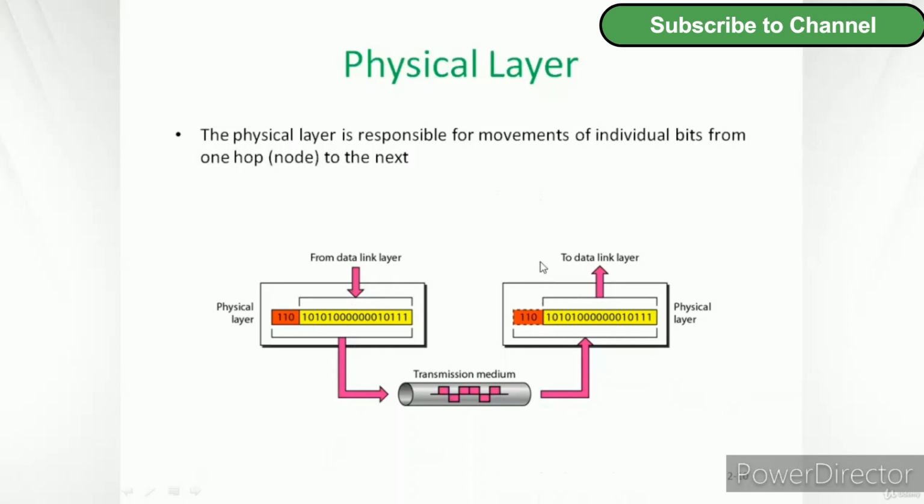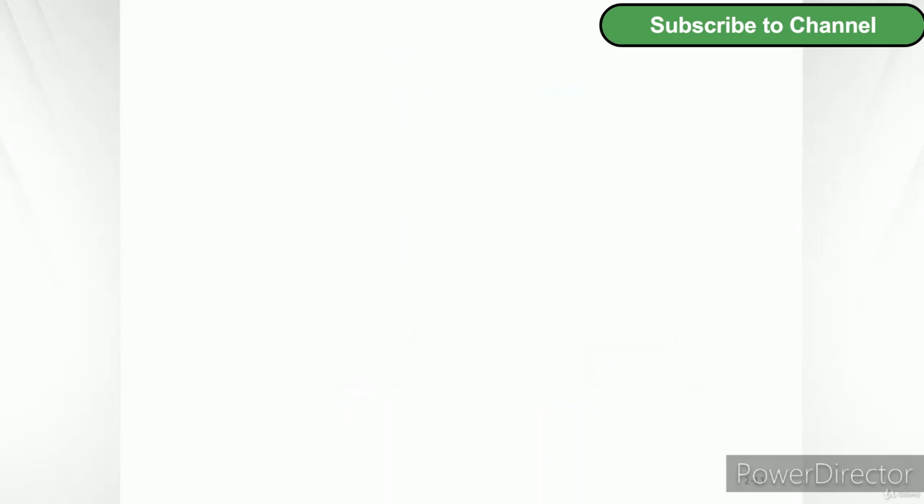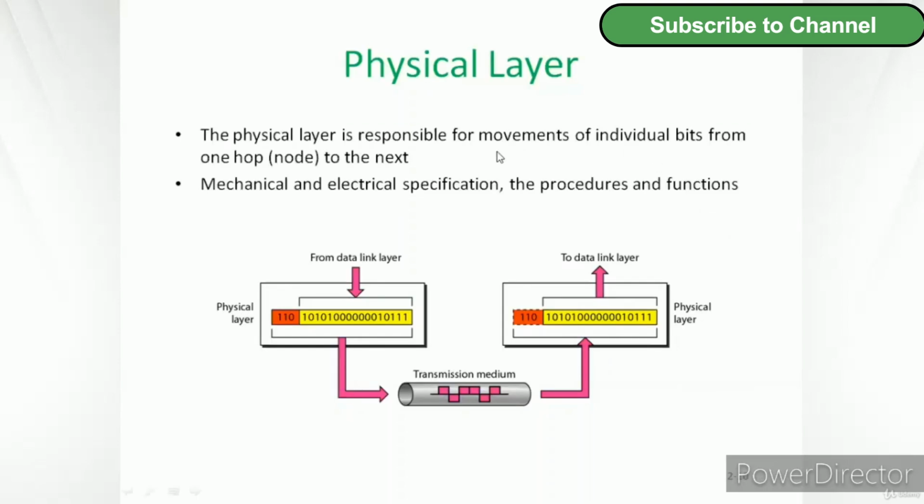The physical layer is responsible for the movement of individual bits from one hop to the next one. Here, mechanical and electrical specifications are defined, as well as the procedures and functions.